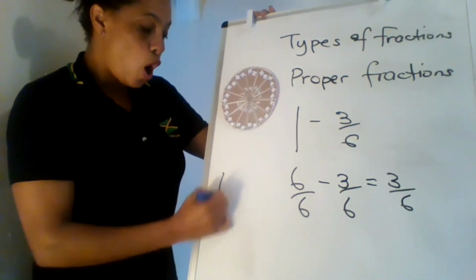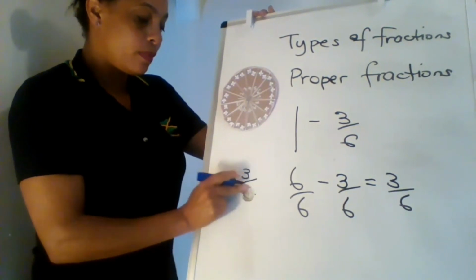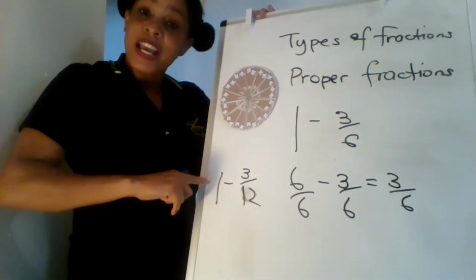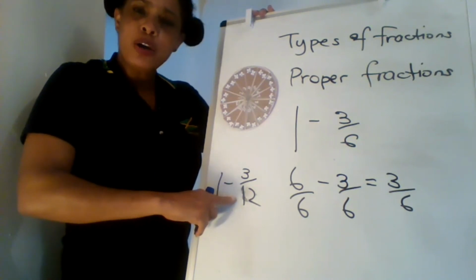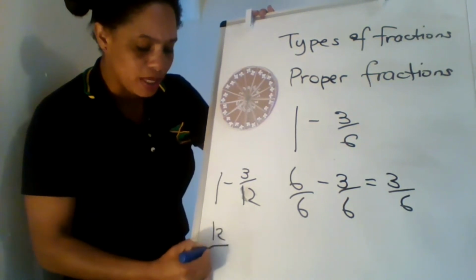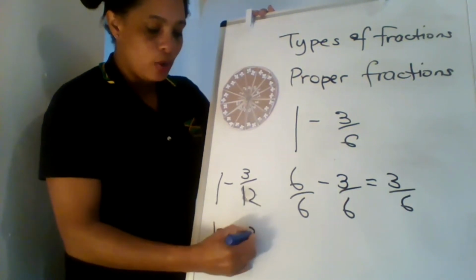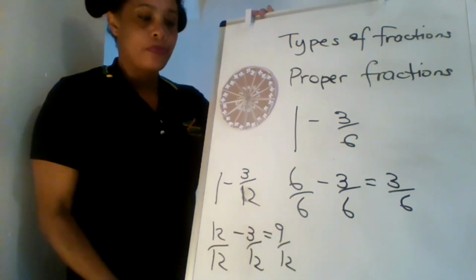If I'm given 1 take away 3 out of 12, I'm going to say to myself, oh, this is 1 cake. I've given away 3 out of 12. That means I did cut up this cake into 12 parts. So that's 12 out of 12, take away 3 out of 12, and that's going to give us 9 out of 12.